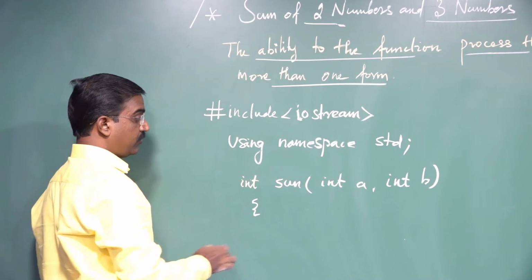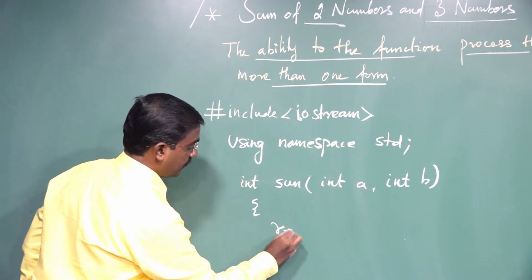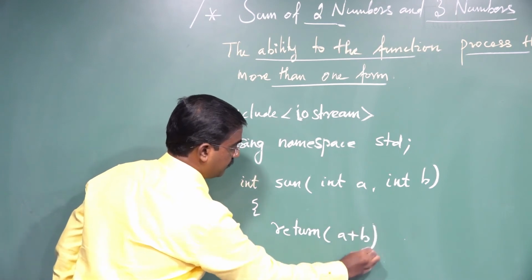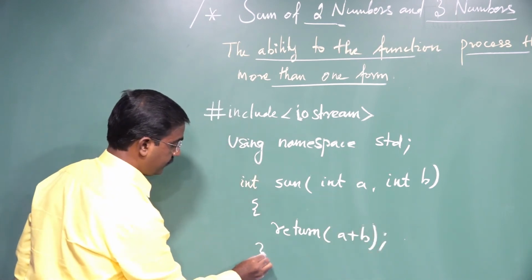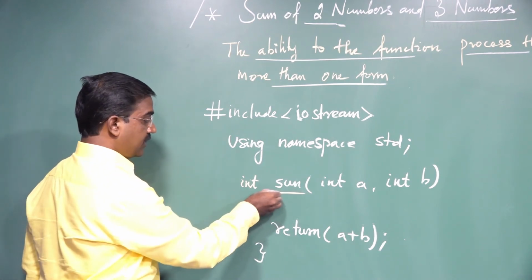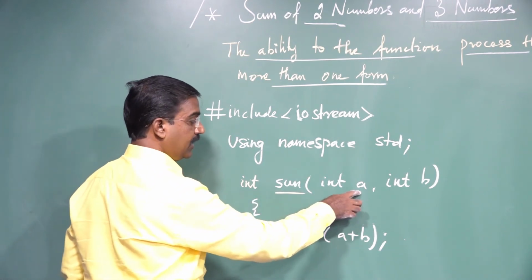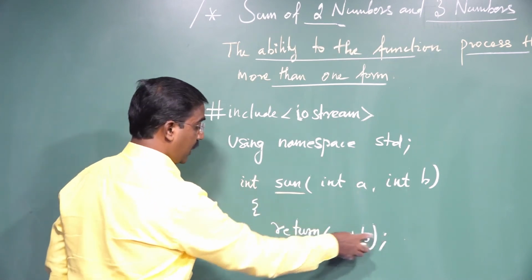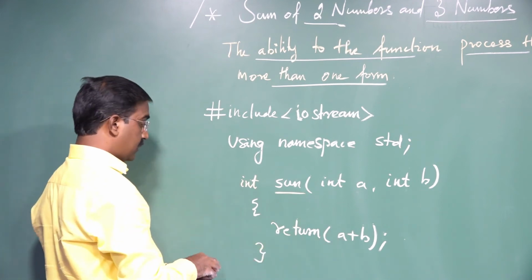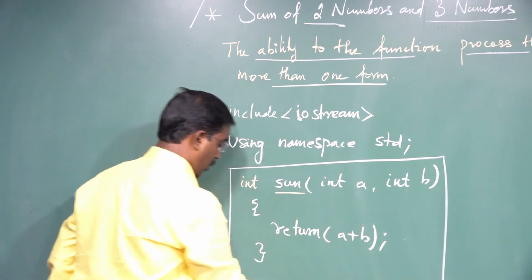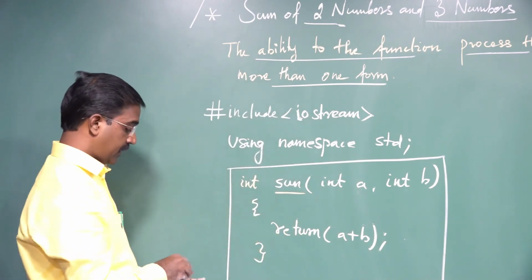So the process should be A plus B. That's why return A plus B, it should be terminated by a semicolon. So Sum is a function name, argument 1 integer A, argument 2 integer B, return A plus B. So this is the 2 argument process for the program.